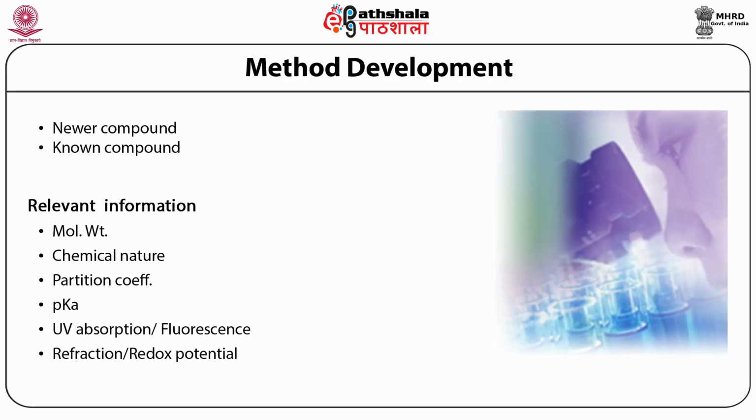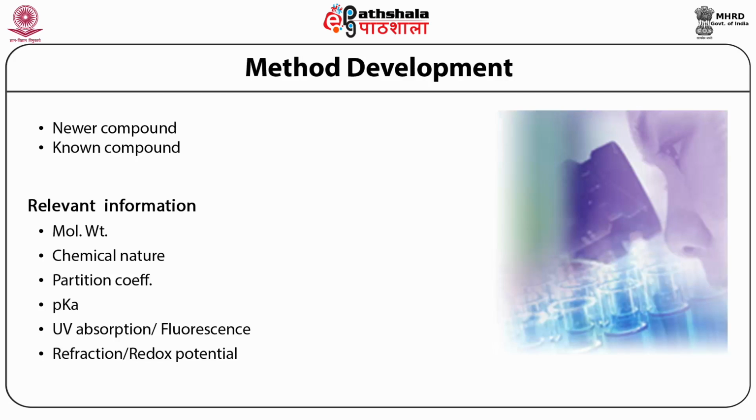If it is a proteinous compound having a higher molecular weight, I may try to choose an appropriate column for that. But if it is a smaller molecule, less than 500 or less than 1000 molecular weight, I may like to choose C18, but I would look at its solubility, that is its chemical nature. Whether it is soluble in water, or in methanol, or in hydrophobic solvents like chloroform or methylene chloride.